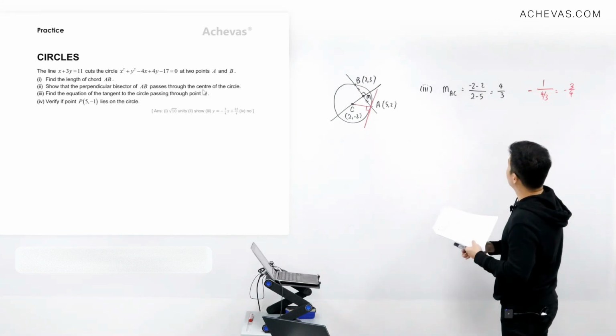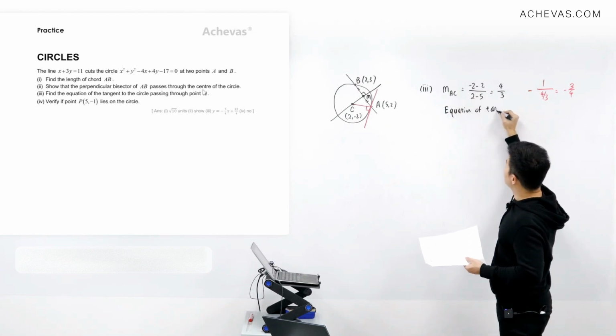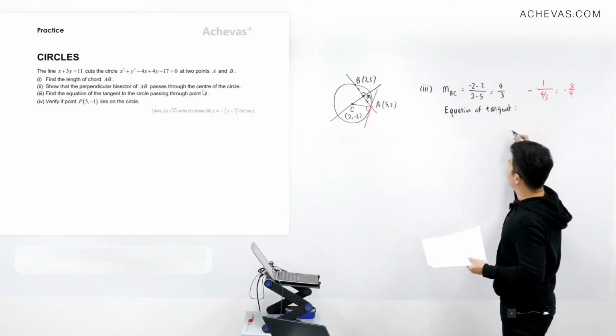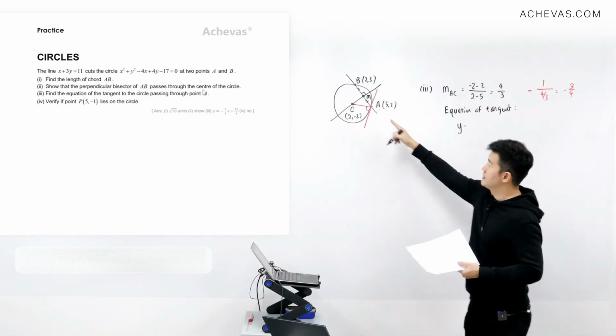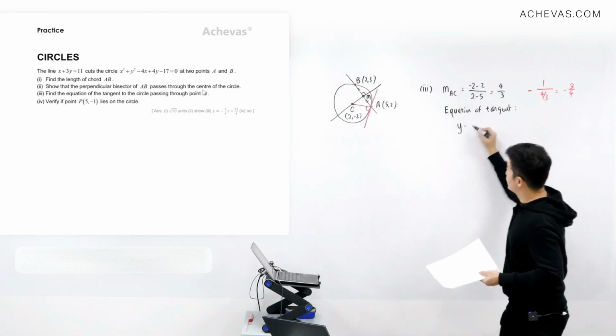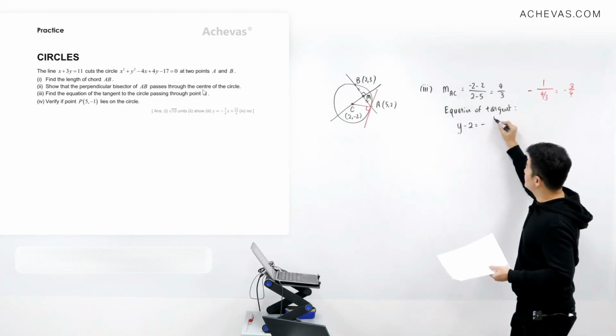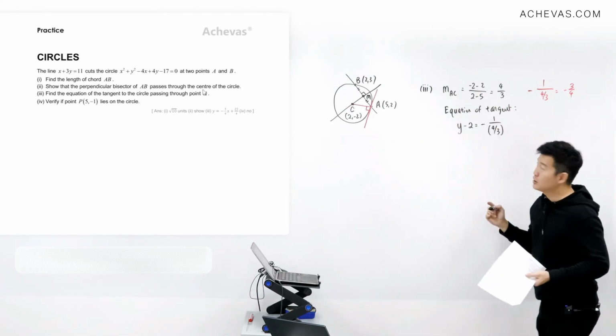So based on this, we can then find the equation of the tangent that the question is asking for. That will be y minus the y coordinate of a point that is on the tangent, which is 2. So y minus 2 is equal to the gradient of the tangent, which is minus 1 over the gradient of the radius, since they are perpendicular to each other.